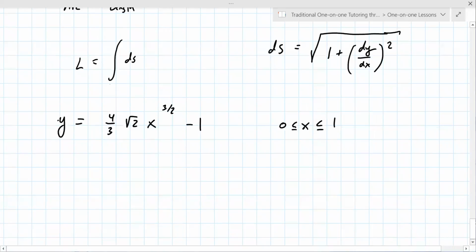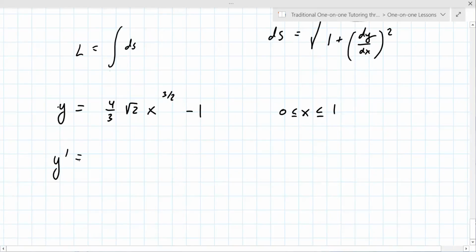The first thing that you should do immediately is take a derivative. If you haven't done one of these in a while, that's where it's like, what do I do? So power rule here, 3/2 times 4/3 square root of 2 x to the 1/2. That goes away. So you end up getting 2 root 2 x to the 1/2, and then you square it.